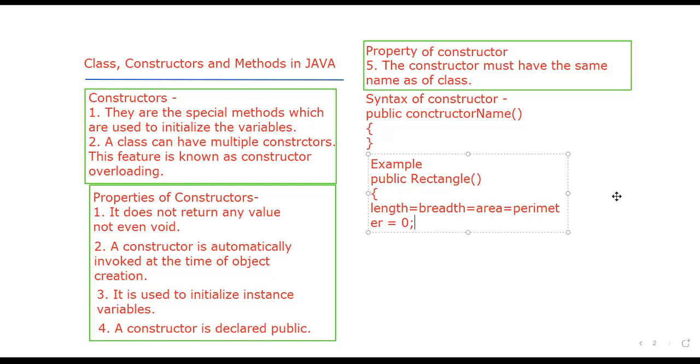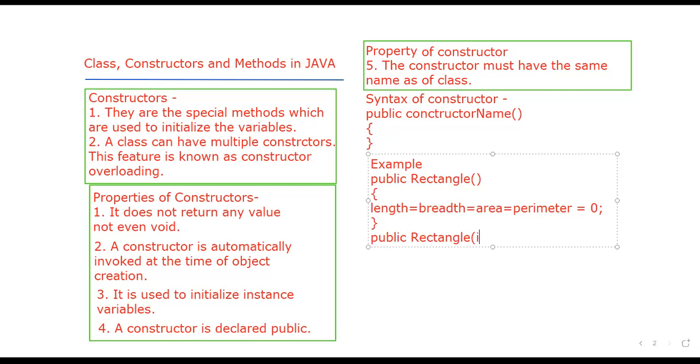And what I said, a class can have a number of constructors. Can you see? Second point. So public rectangle. Class name was rectangle, so public rectangle. Here inside this bracket we write parameters.